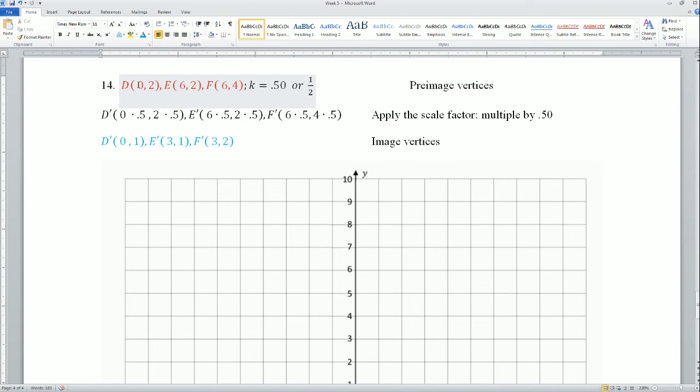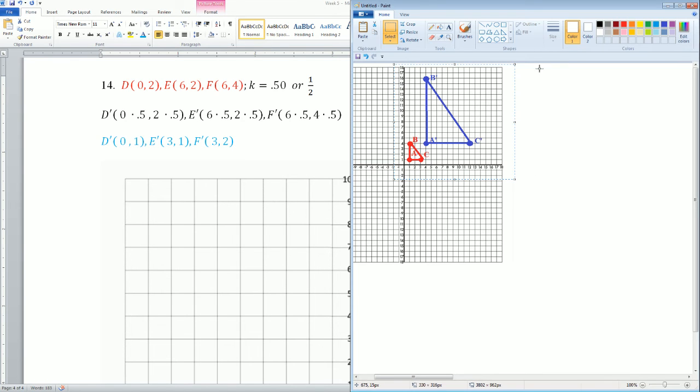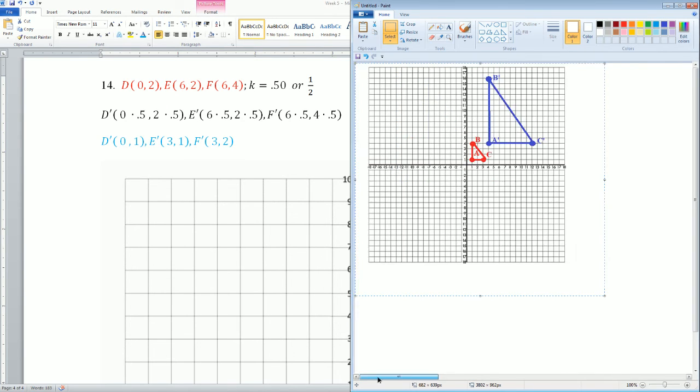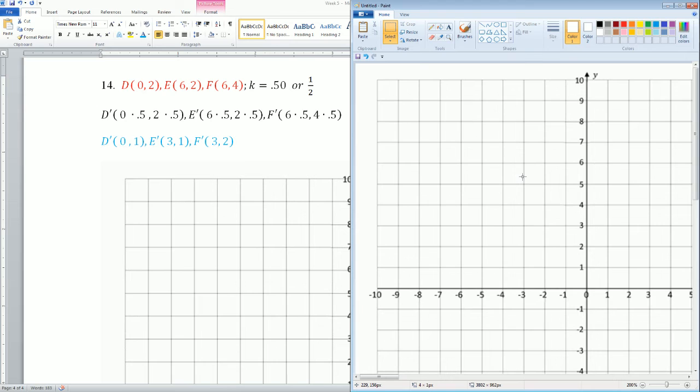I have the original pre-image vertices, then I have the image vertices. I am now going to graph it.